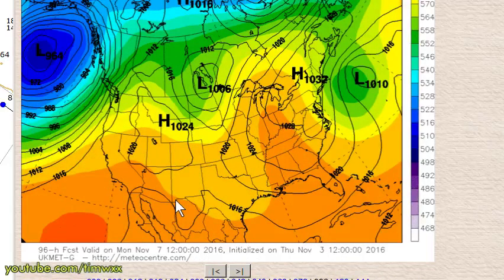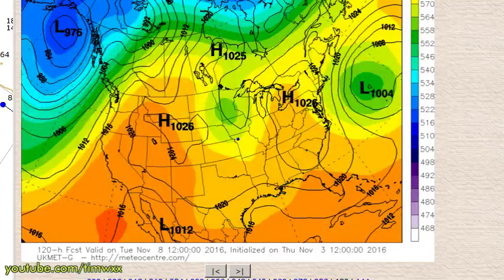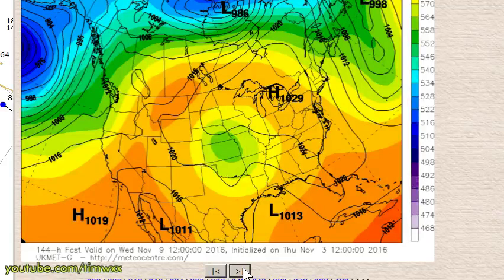The UK Met model. Okay, here's that trough on the 7th. Run that forward, UK Met. Yep, it's going for that cold blob. And it's bringing that south into the South Plains right there.